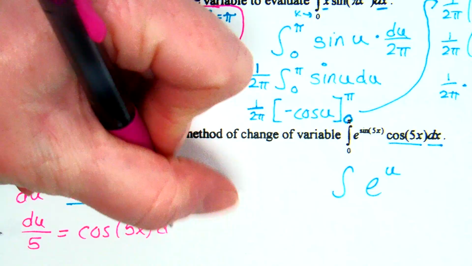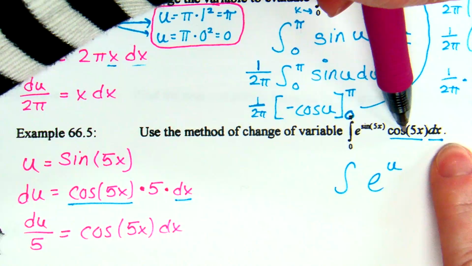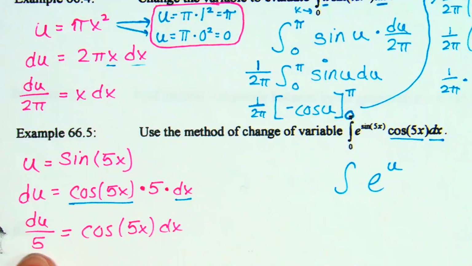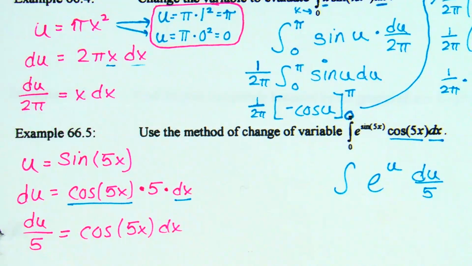So here, when it's cosine 5x dx, what am I replacing that with? The du over 5. Now, what do I have to do so I don't have to go back to x's later and plug all that x stuff back in?